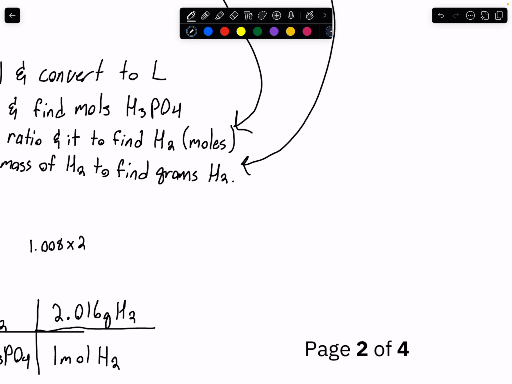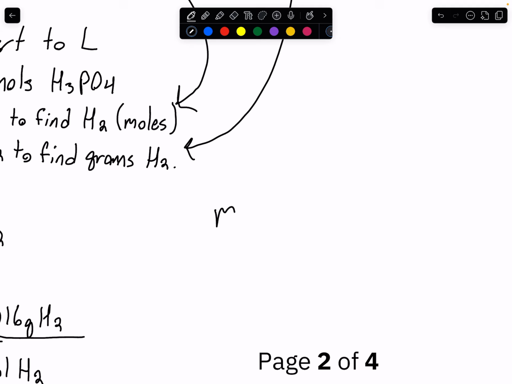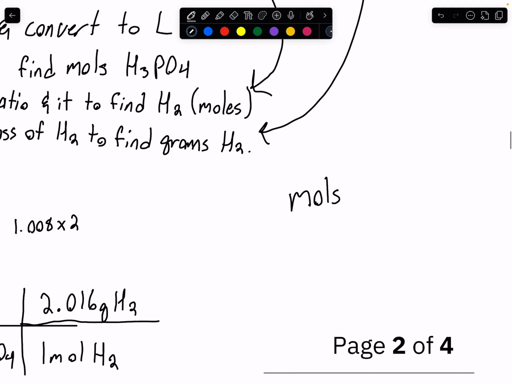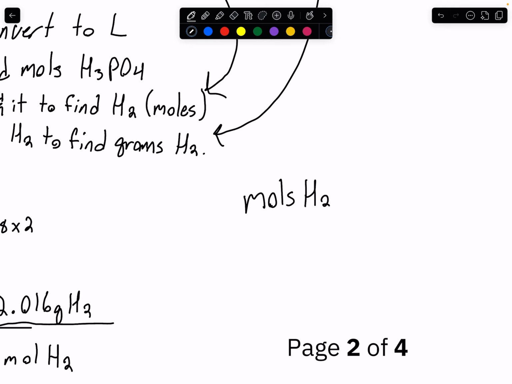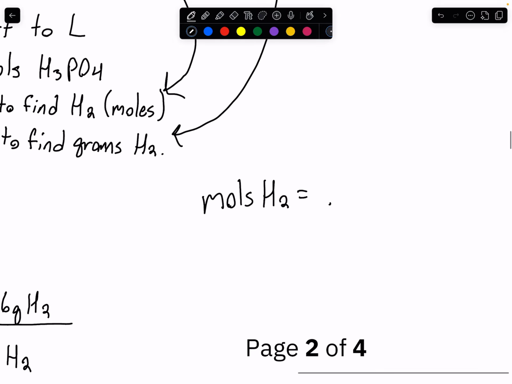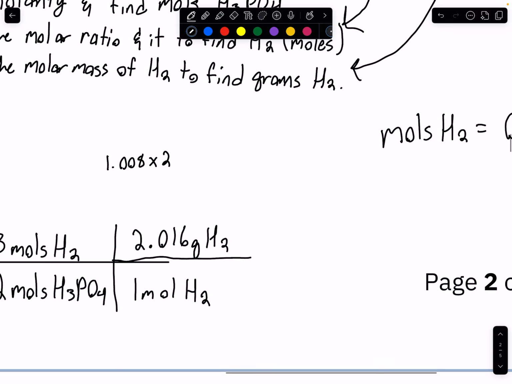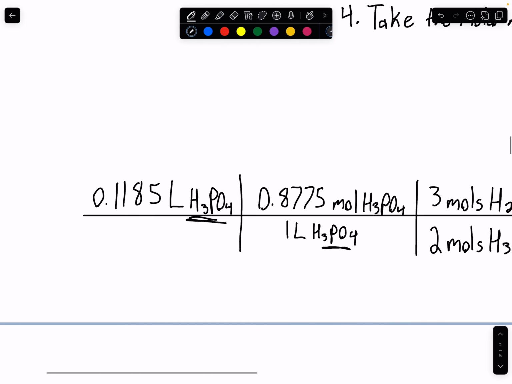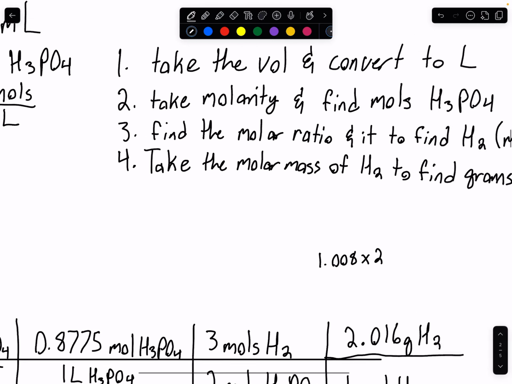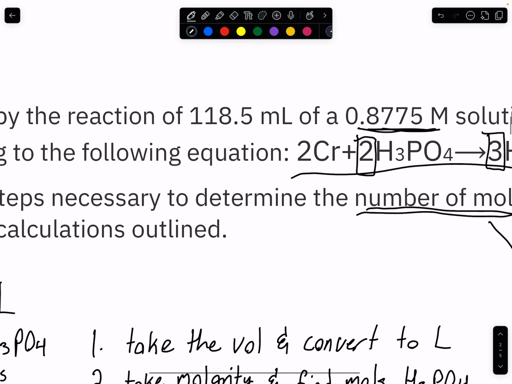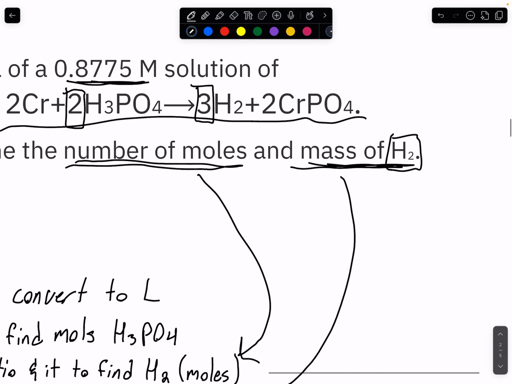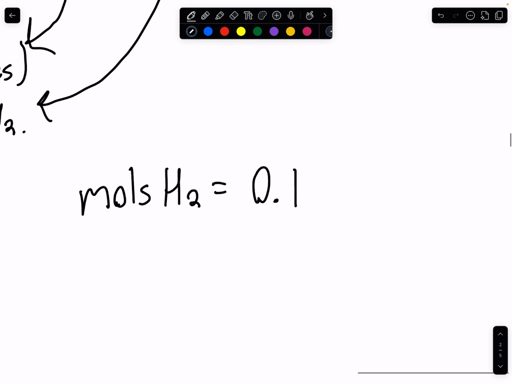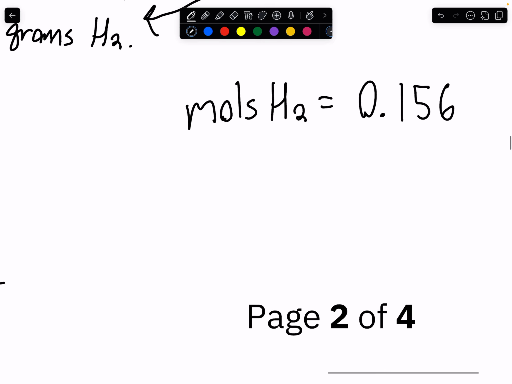And we should get moles of H2 equals 0.1. It looks like 4 significant figures. I'm going to say that it's 3 significant figures based off of the original that we had. So I'm going to say it's 0.156.